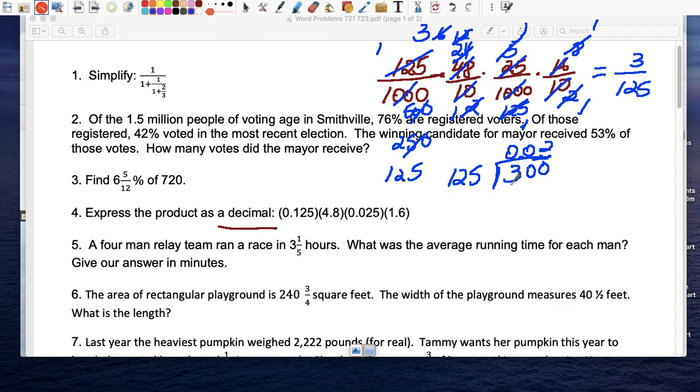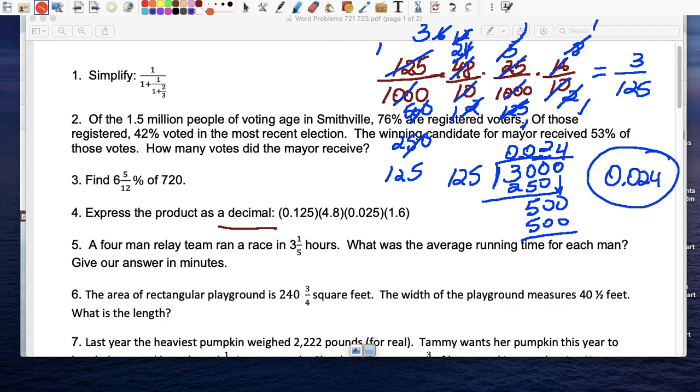Apologies. It's 250. 50 left over. Let's bring this guy down. And 125 goes into 500 4 times. So that's going to be 500, and my final answer is 0.024. A little bit of work, but notice that changing into a fraction made my life so much easier, right? So much easier.